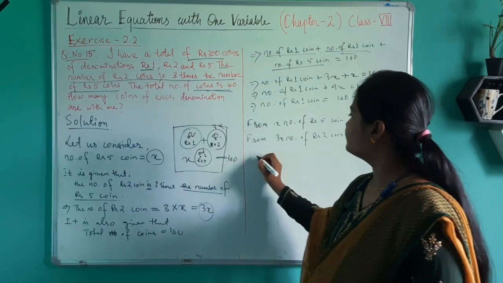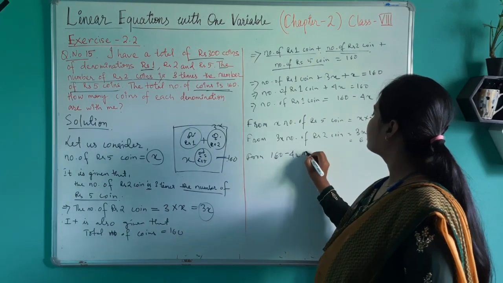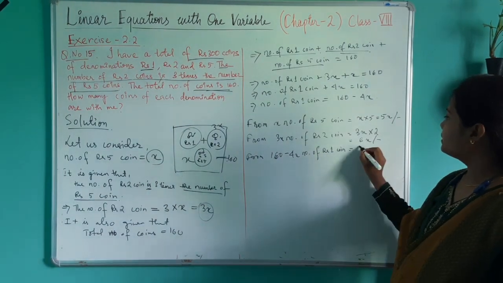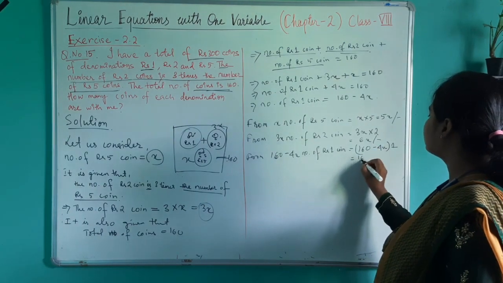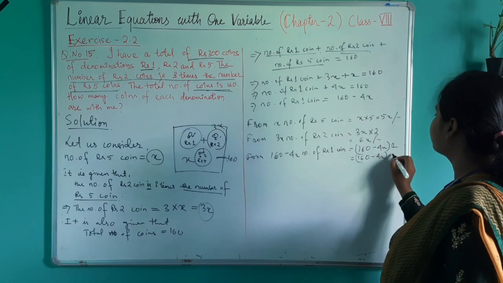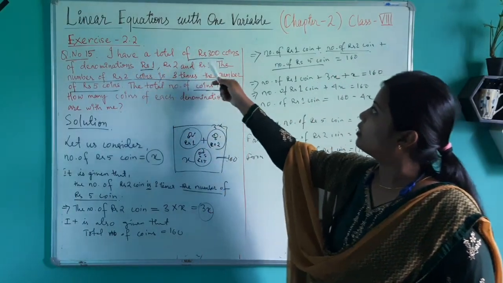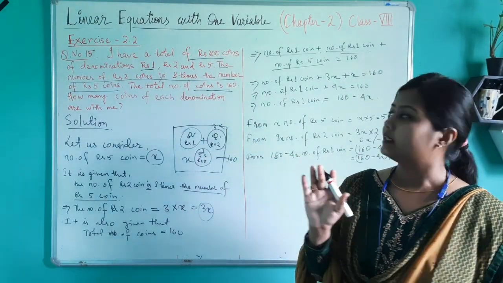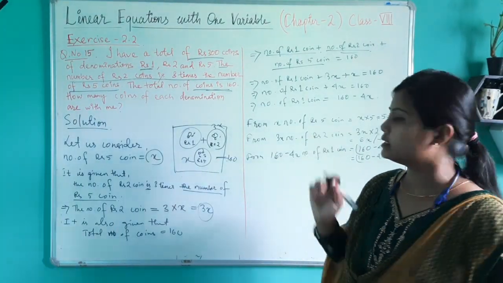Similarly, from 160 minus 4x number of 1 rupee coins, the amount will be 160 minus 4x into 1, that is 160 minus 4x rupees. It is also given that the total amount is rupees 300. If we add all the values of the denominations, it will be rupees 300.